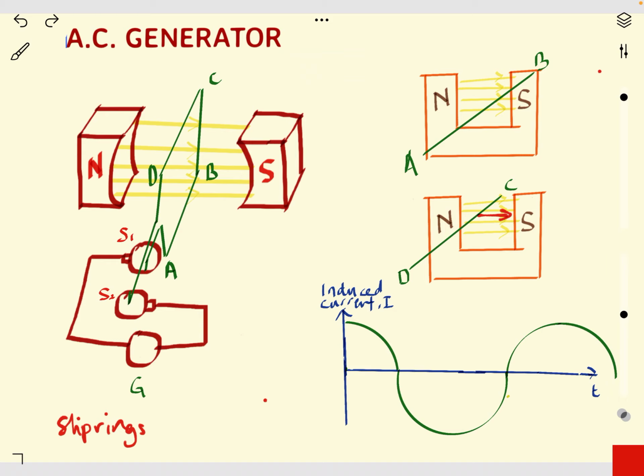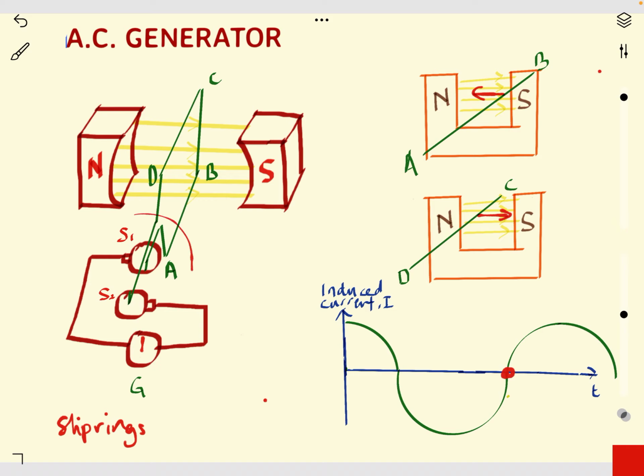And AB here is moving in this direction, it doesn't cut the magnetic field also. So the pointer of the galvanometer shows 0. That's why the induced current here is 0. That is the working principle of AC generator, and you can see more in the next video on the operation of AC generator.